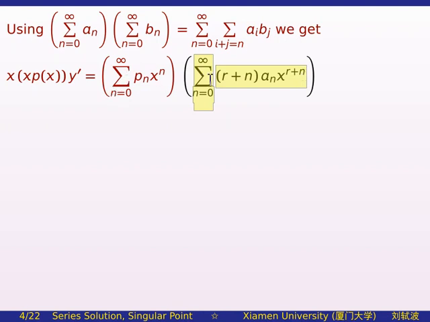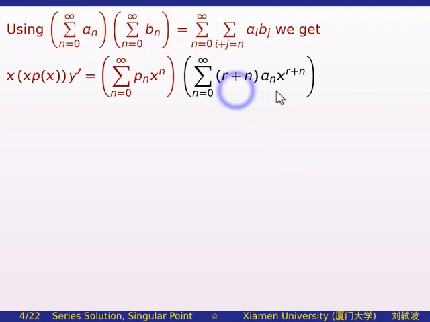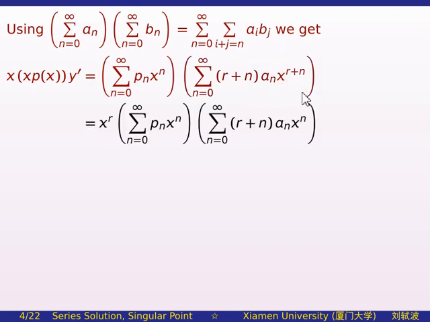Okay. So now for these two series, we want to apply the multiplication formula for absolutely convergent series. There is a problem: x^(r+n) is not easy to consider as b_n, but we can move x^r in front of the multiplication first. Rewriting the multiplication in this form will make it more convenient to apply the multiplication formula in the first line of this page.